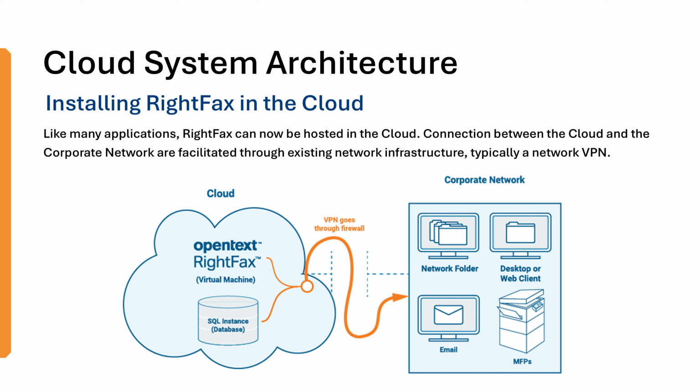When configured this way, your users access all the same features they had when RightFax was installed on-premise, including the RightFax Fax Utility Web Client, the RightFax Thick Client, and the RightFax Fax Printer. You will also have full ability to administer all your services, just like you had on-premise, using the full thick and web-based Enterprise Fax Manager.